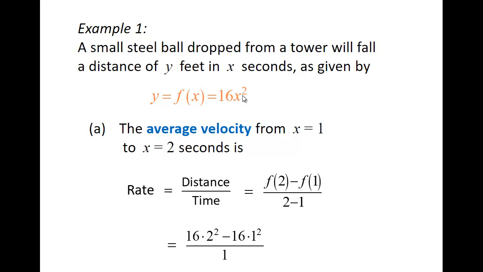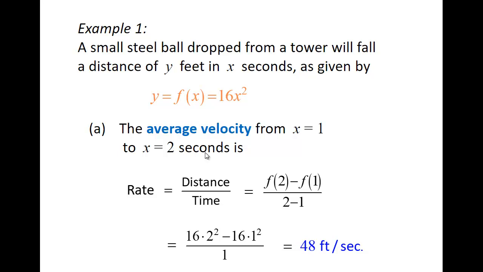And if you do the calculation here, what you get is 48 feet per second. So we see that the average velocity of the falling object over the period of time from 1 second to 2 seconds is 48 feet per second.